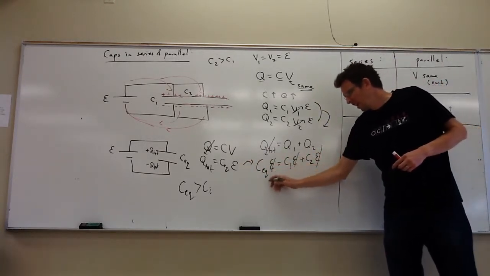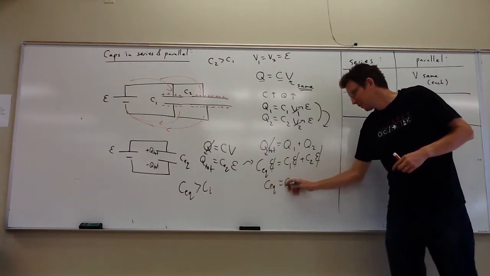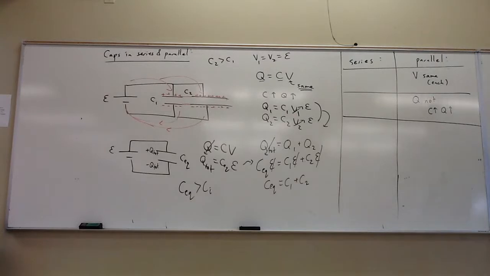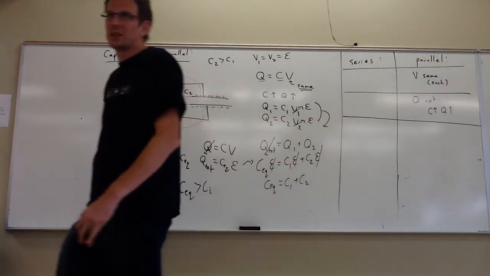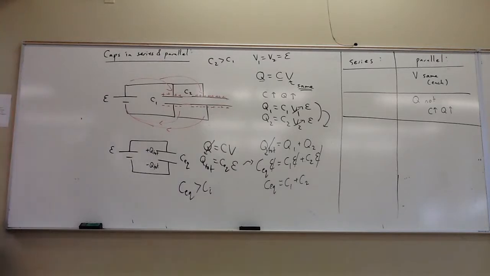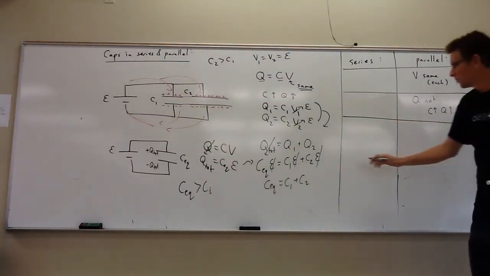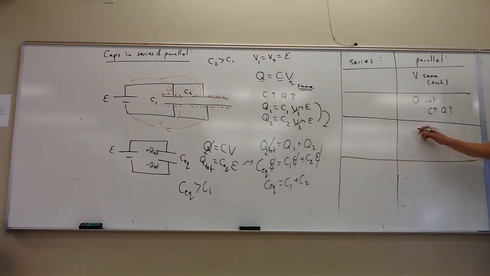We cancel that off and we find, indeed, when you combine capacitors in parallel, you get that the equivalent capacitance is just the sum of the individuals. So now we have our addition rule. So we have that C equivalent for capacitors in parallel is just the sum of the individual ones.